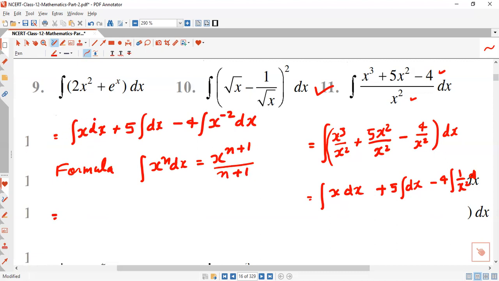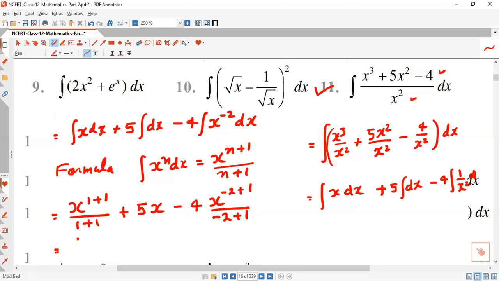x dx becomes x raised to 1 plus 1 divided by 1 plus 1, plus, since 1 is a constant, the integration of the constant will be only x, minus 4. You see, x raised to minus 2 becomes x raised to minus 2 plus 1 divided by minus 2 plus 1.